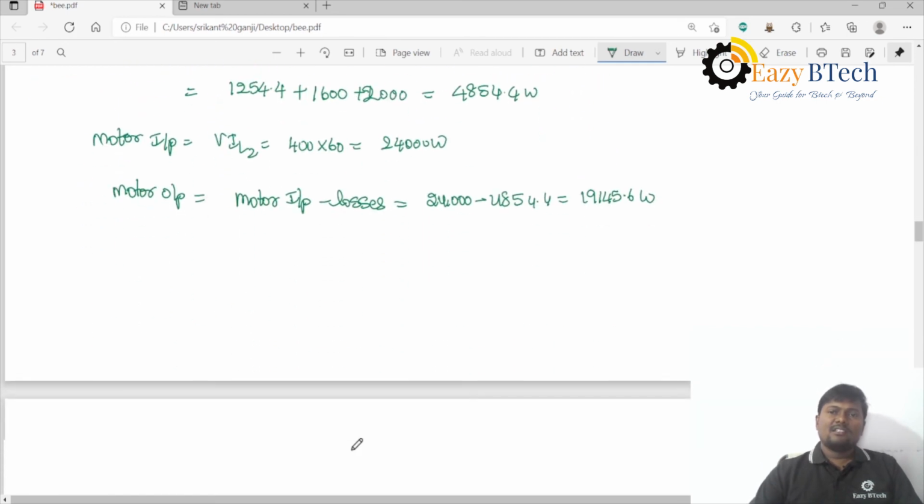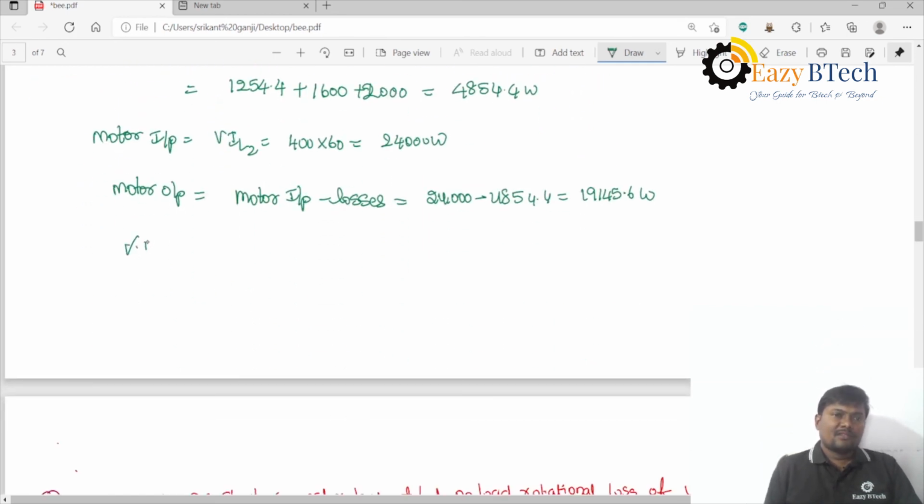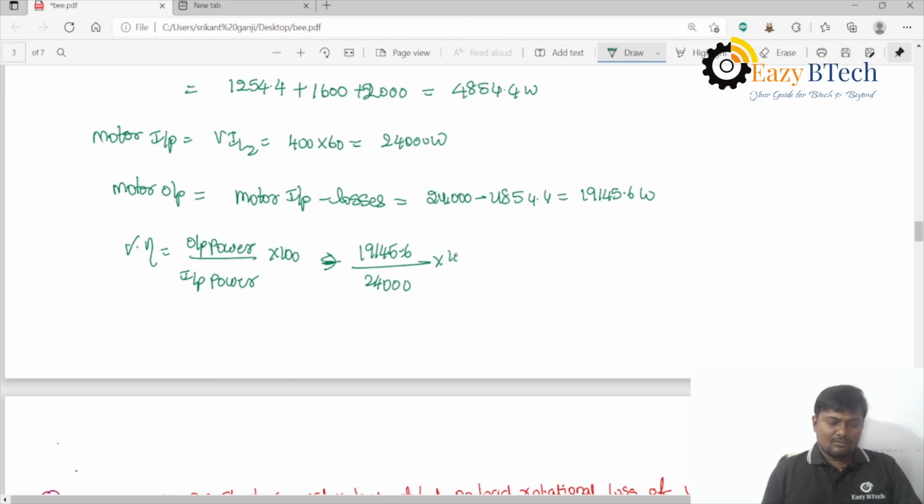Then calculate the efficiency value: output power divided by input power into 100, that is 19145.6 divided by 24,000 into 100.